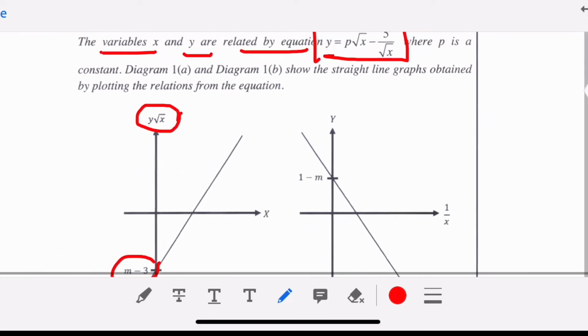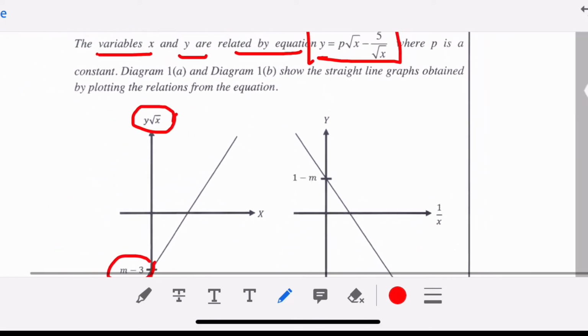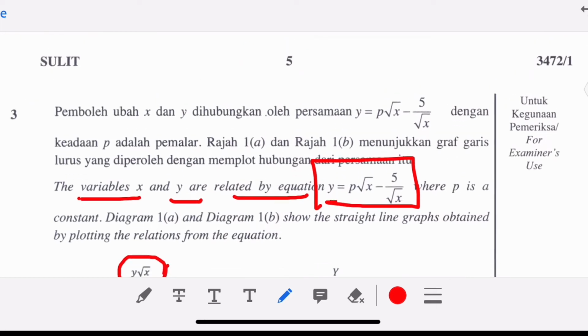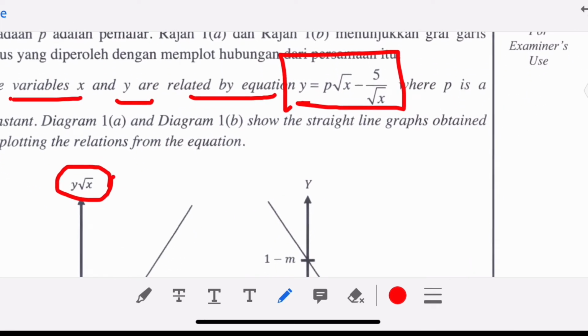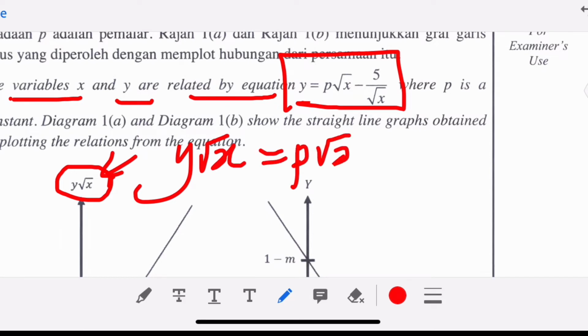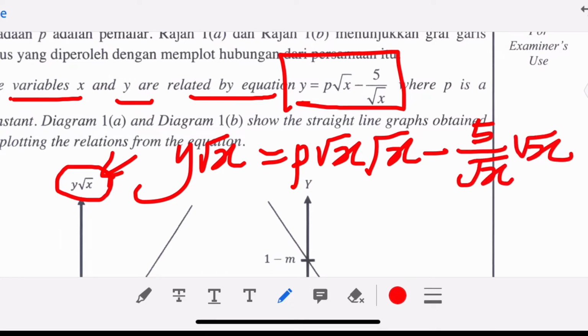So basically, when you look at the graph, if I want to get my big Y, which is y square root of x, obviously I will take this equation and multiply every term by the square root of x.